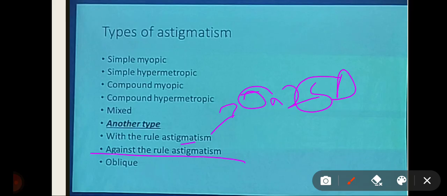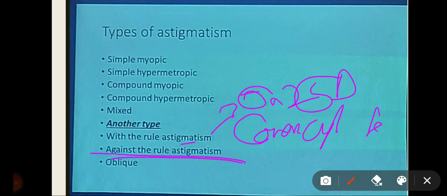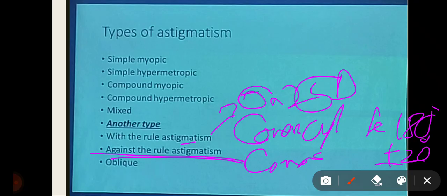Next is the against the rule astigmatism. It refers to an astigmatic condition in which the horizontal meridian is more curved than the vertical meridian. Therefore, correction of this astigmatism will require the prescription of a convex cylindrical lens of 180 degree plus minus 20 degree, or a concave cylindrical lens of 90 degree plus minus 20 degree axis.